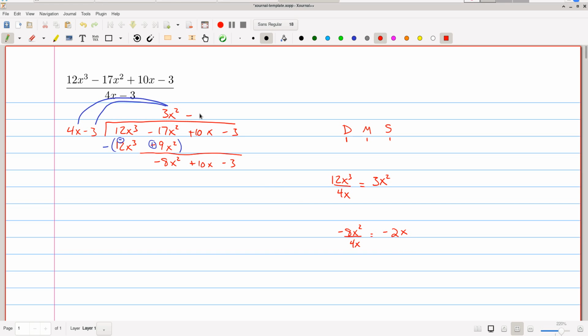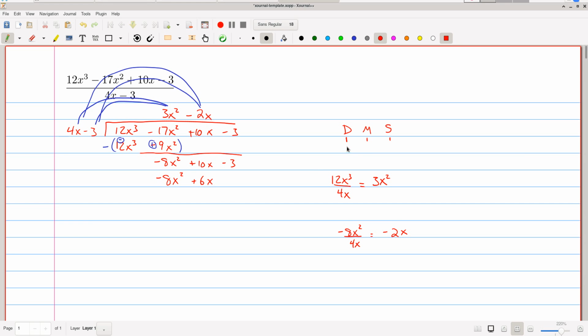I want to keep my like terms lined up, so I leave that in the x column. And then as we did before, we'll distribute this negative 2x to both terms. So negative 2x times 4x is negative 8x squared. Negative 2x times negative 3 is positive 6x.